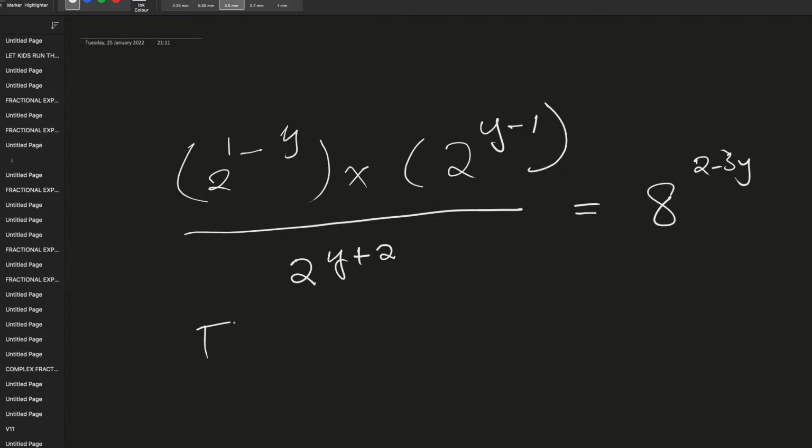And we're supposed to find the truth set of this equation.